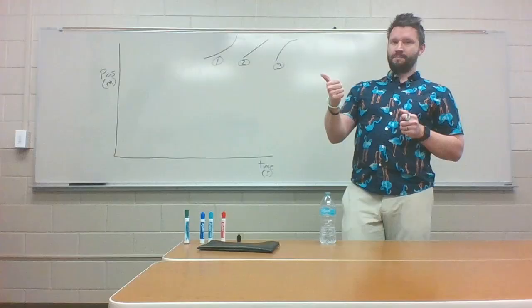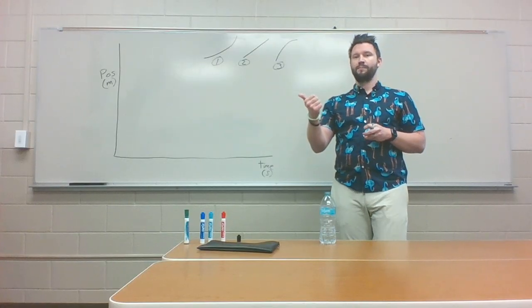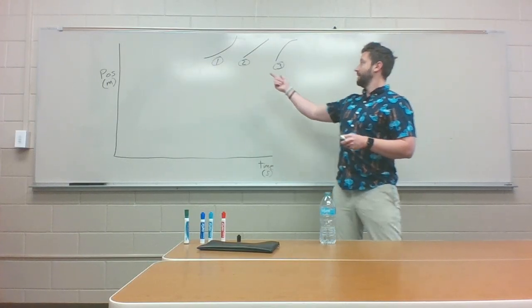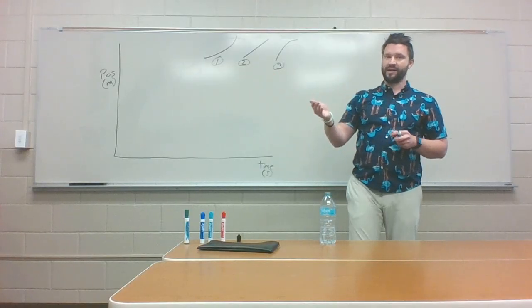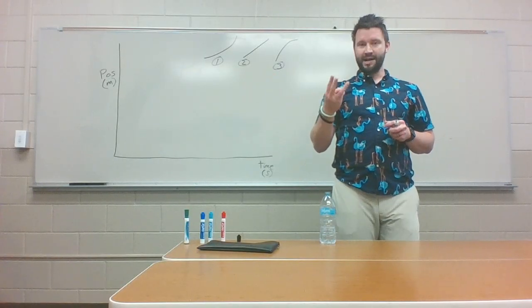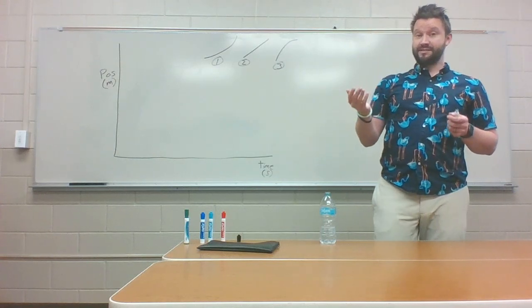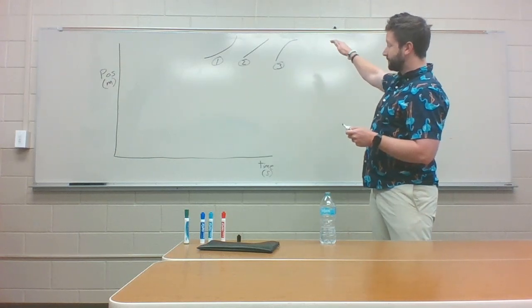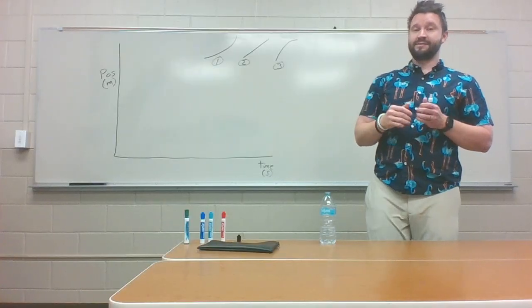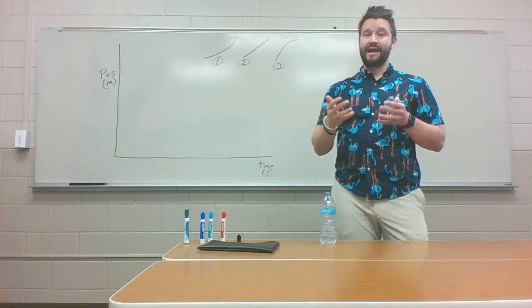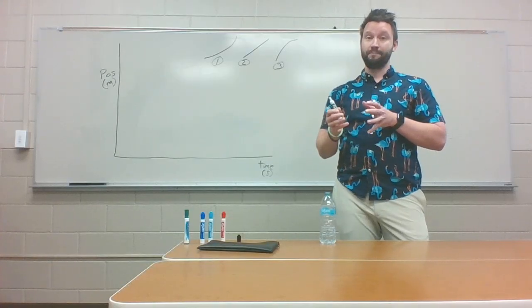So line number 1, increasing slope, picking up speed. Line number 2, moving at a constant rate. Line number 3, decreasing slope, flattening out, and tells us that an object is slowing down as it moves over time.